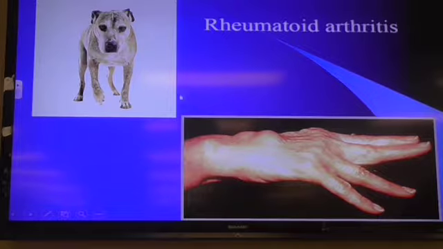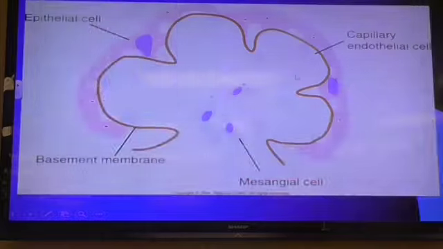Example, rheumatoid arthritis. We'll talk about this autoimmune disease again. Usually the patient develops it in several joints, and typically they also show nodules, not clearly seen here in the dark, but usually patients with rheumatoid arthritis will show some nodules, not like osteoarthritis that you see in old age, age-related damage to the joints.